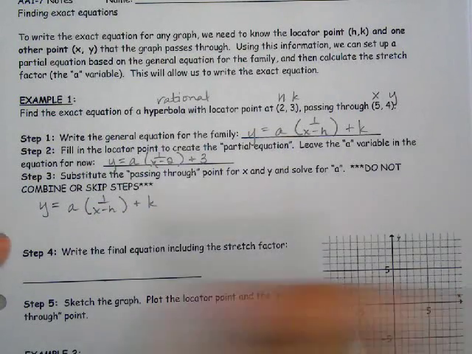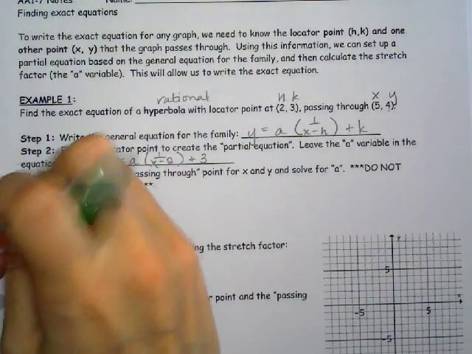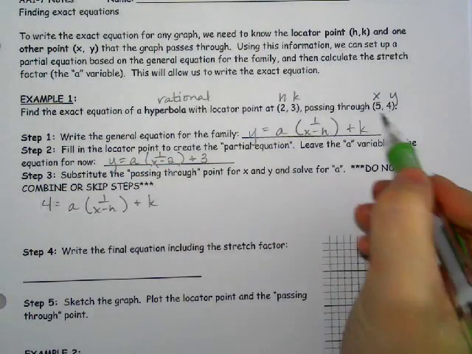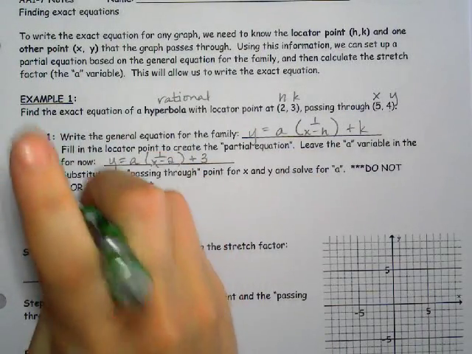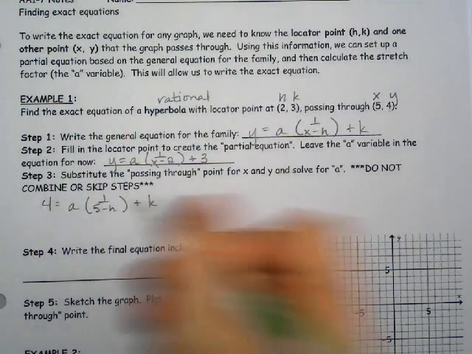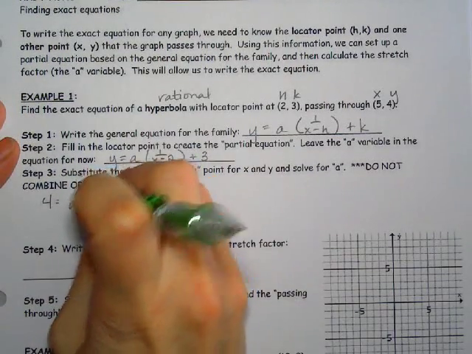I know that y equals 4. So I'm going to take out the y and put 4. I know that x equals 5. So I'm going to take out the x. Put in 5. I know h equals 2.